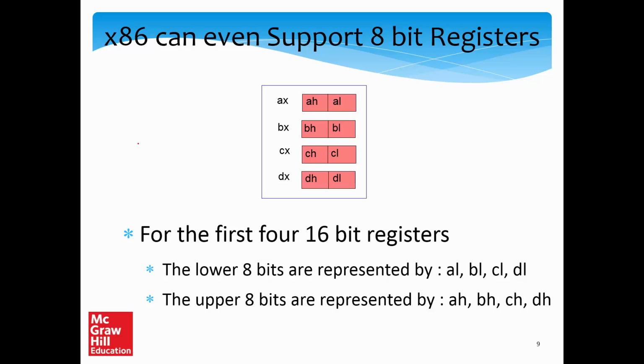So x86 can actually take the argument slightly further. It can even support 8-bit registers. The AX, BX, CX and DX fields are further subdivided into two 8-bit fields. This is to ensure that we are compatible with some of the earliest 8-bit processors.